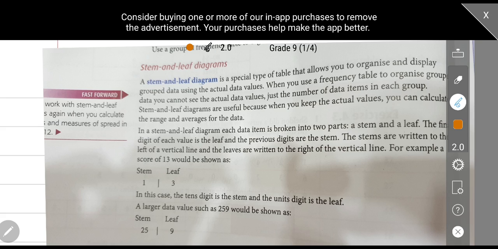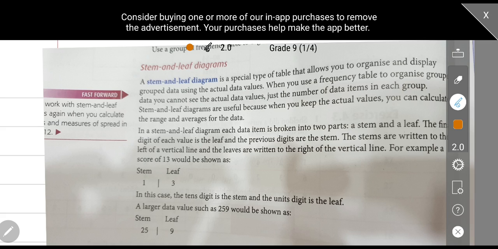A stem and leaf diagram is a special type of table that allows you to organize and display group data using the actual data values. When you're using a frequency table to organize group data, you can't see the actual data values.